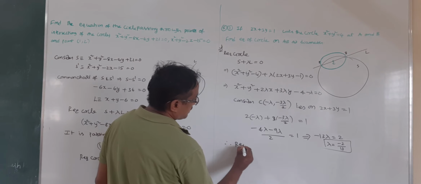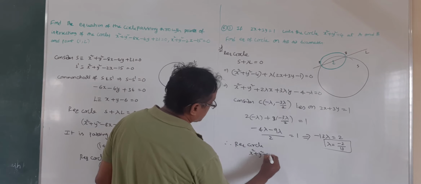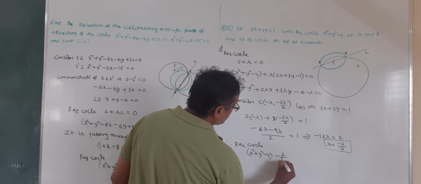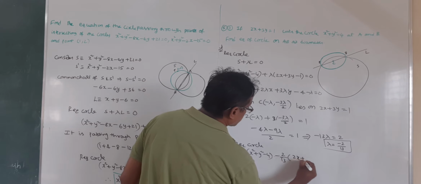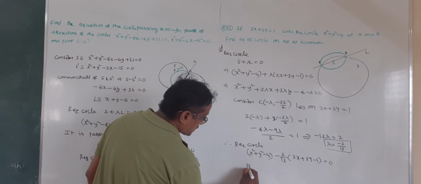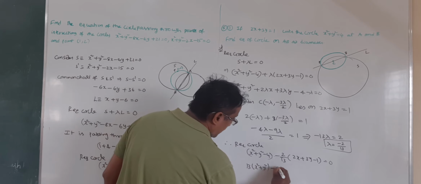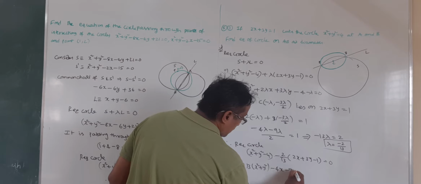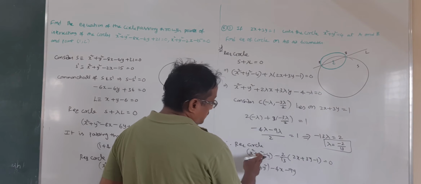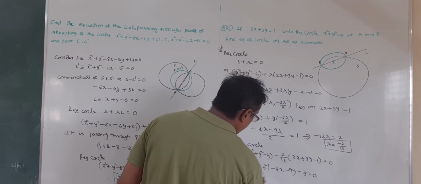Therefore, the required circle is x square plus y square minus 4 plus minus 2 by 13 into 2x plus 3y minus 1 equal to 0. So 13 into x square plus y square minus 4x minus 9y, minus 52 plus 2, so minus 50 equal to 0.